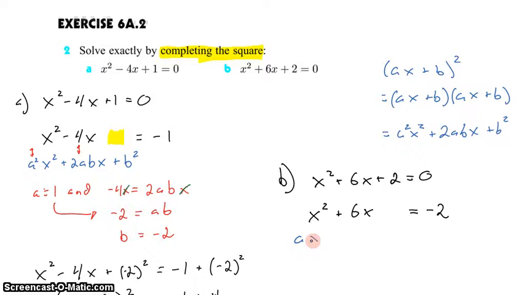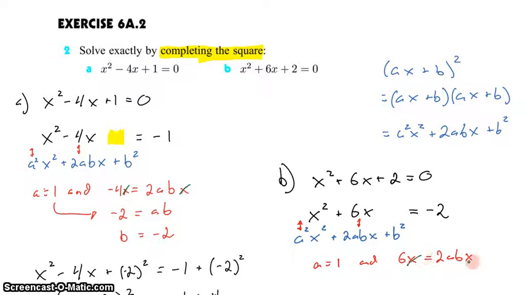Using the form a squared x squared plus 2abx plus b squared, I'll determine what a and b should be. Once again, we see that a needs to be 1, and at the same time, 6x needs to be 2abx.